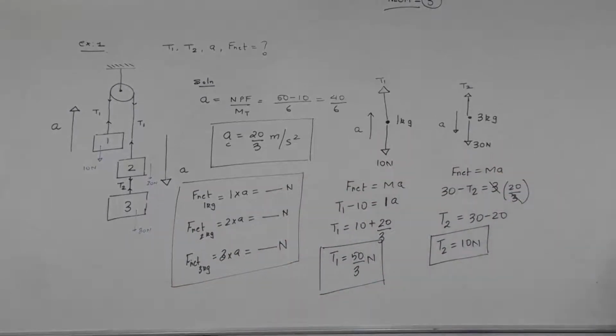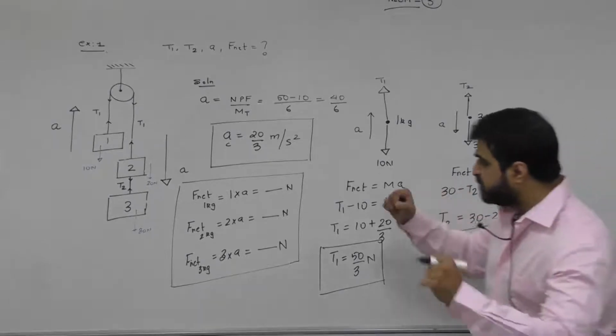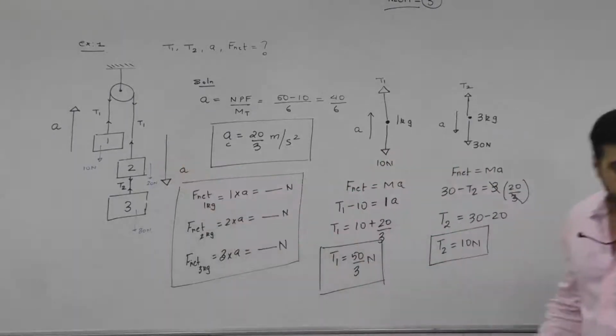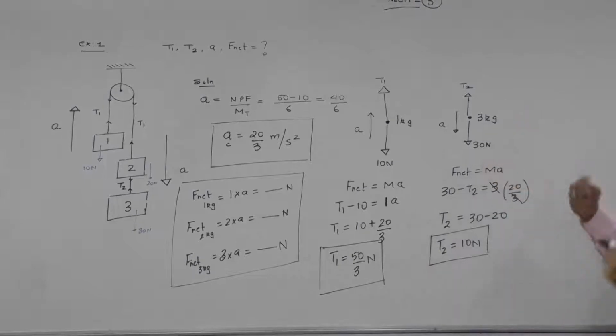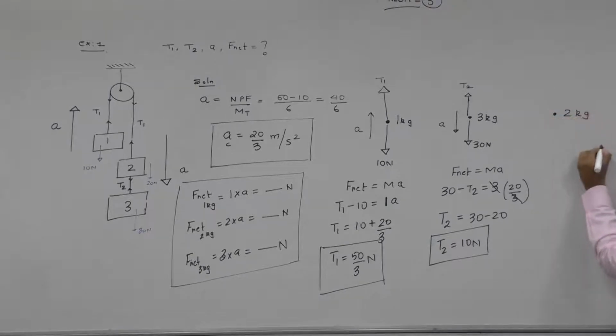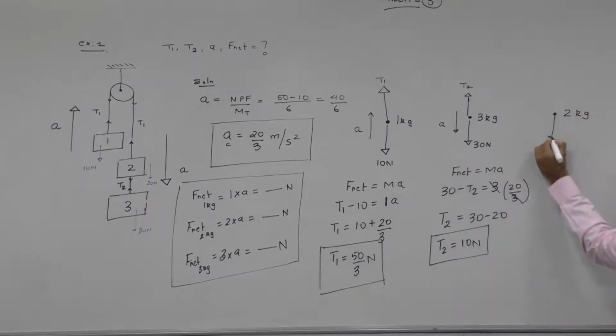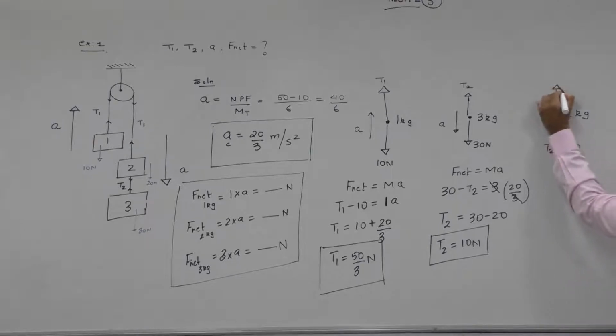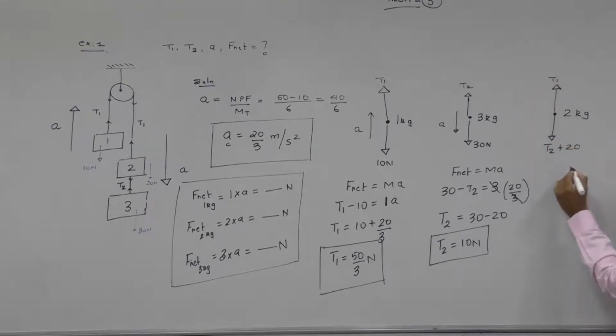Look. Suppose I need to find free body diagram of 2 kg. We have got all the things. Suppose you need to find free body diagram of 2 kg. So how to do it? Look at this 2. Who is below? T2 and its own weight. Who is above? T1. And where is the whole system accelerating? Down. Now you can apply F net is MA.